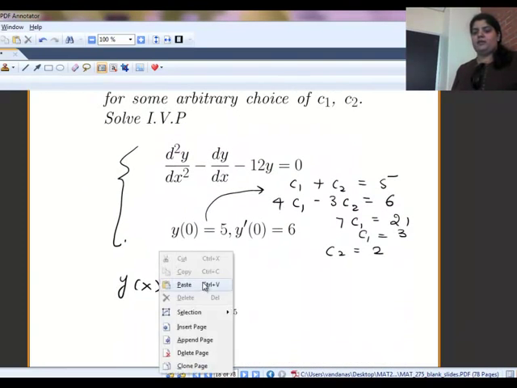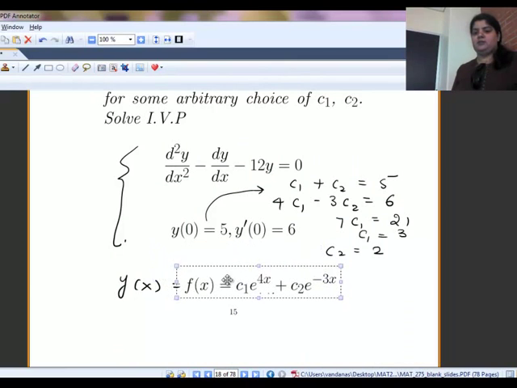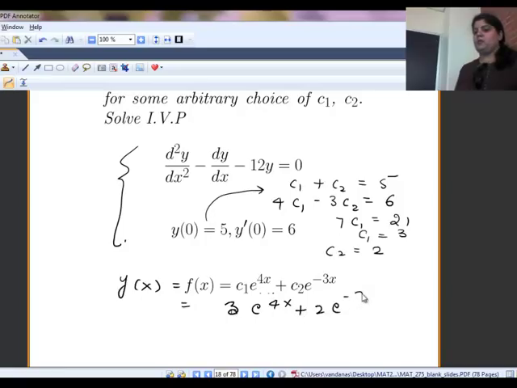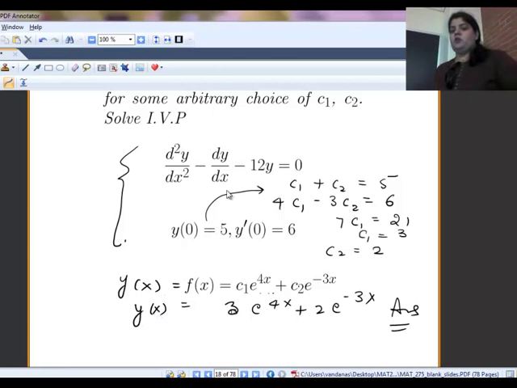So y of x is this and C1 is here 3. So 3 e to the power 4x plus C2 is 2 e to the power minus 3x. So this is the unique solution of this problem. So if initial conditions are given, from the family of solutions we obtain a unique solution, one particular one. Okay.